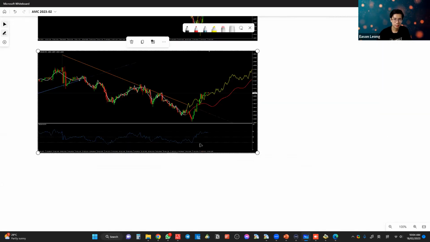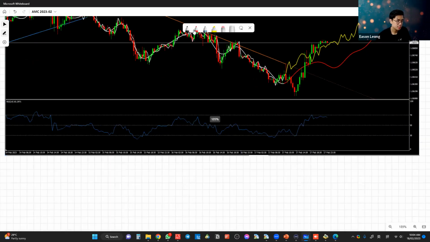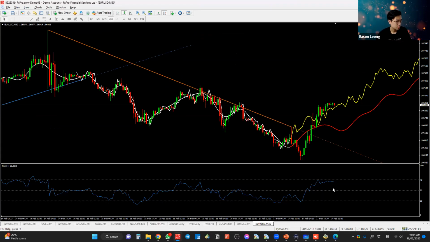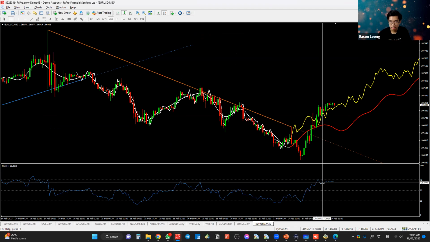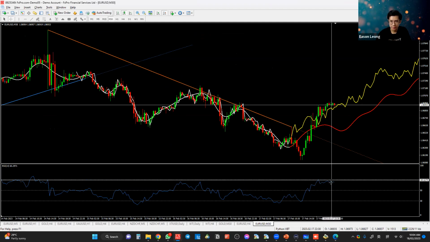Based on this analysis, RSI value is how much? 65.2, 69.3, right? And it has been in the 60 region multiple times. You can see this is line 60 and it's between 60 to 70.